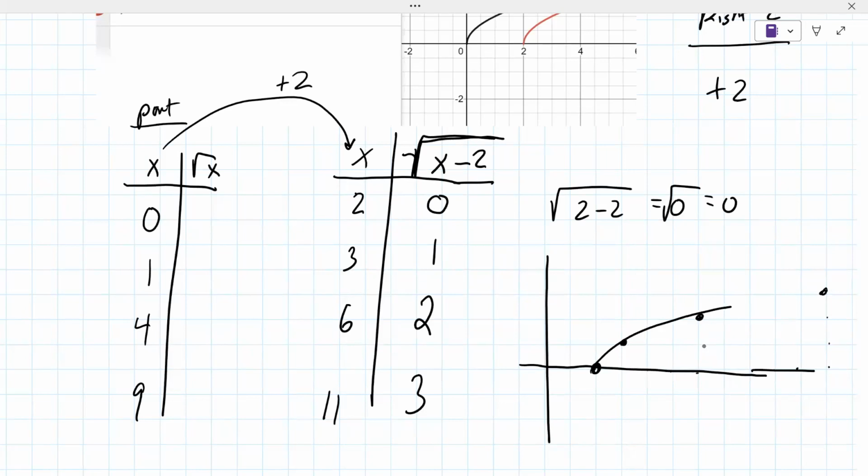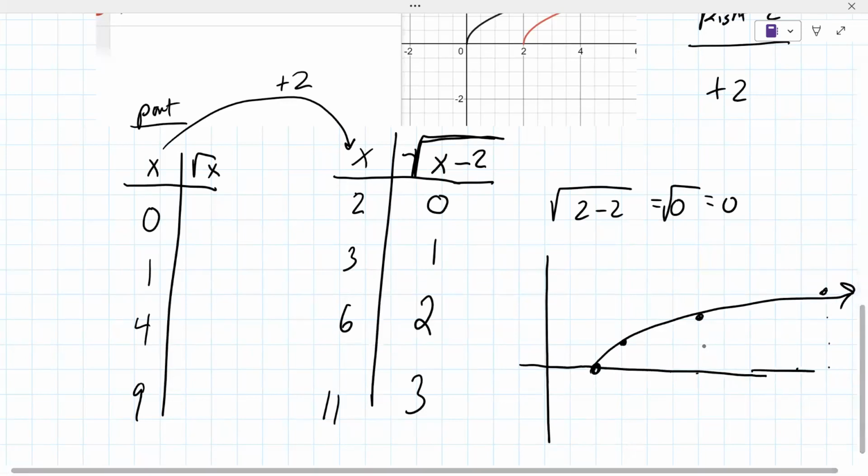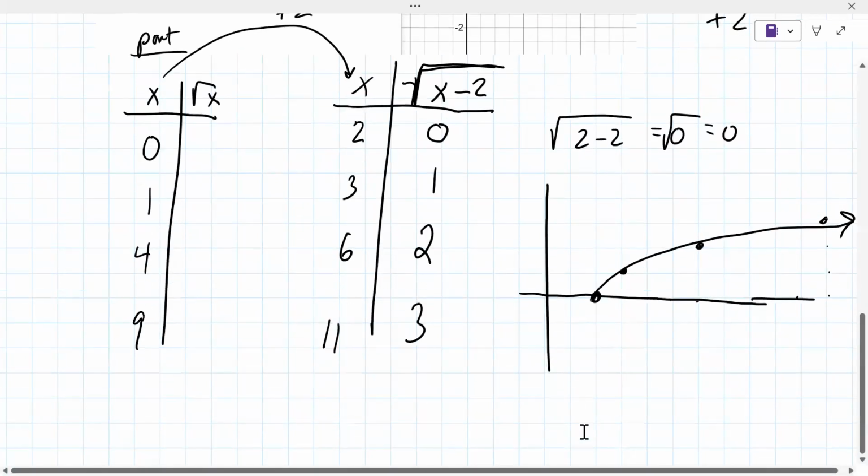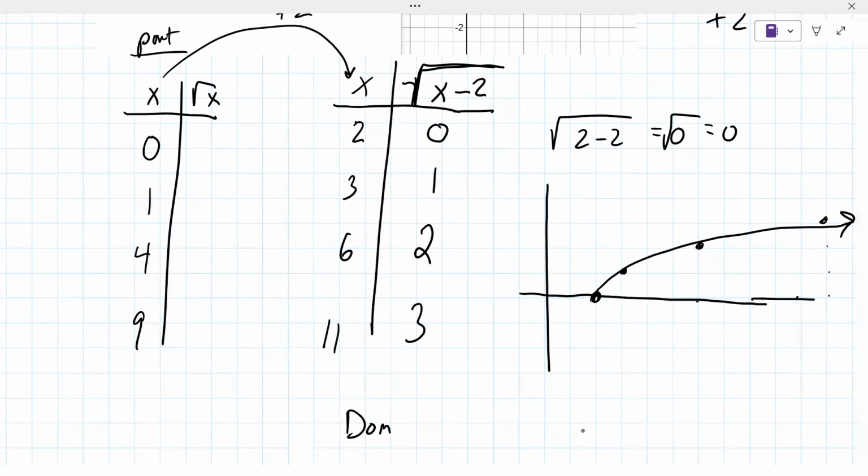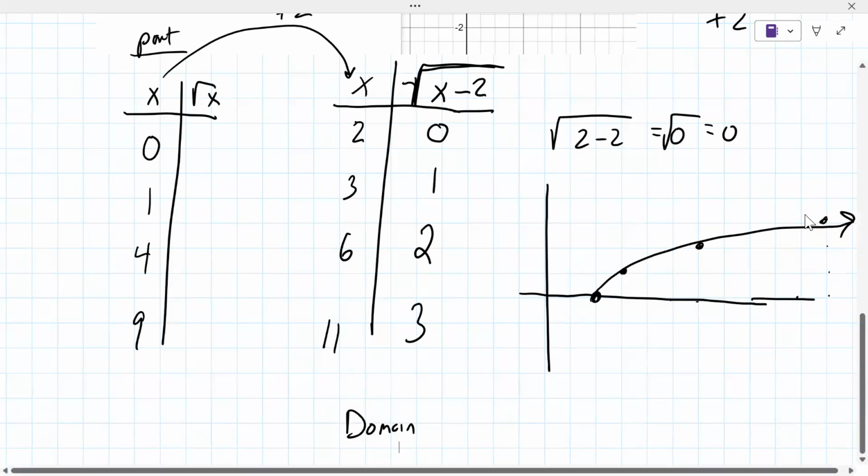The graph looks like this. Do you remember talking about domain and range in class? Yes, the domain is the x values and the range is the y values. Okay, what is the starting point for the domain in this one over here on the right?